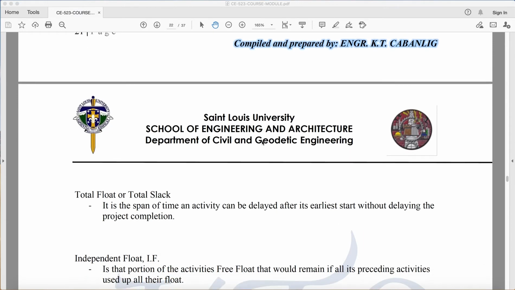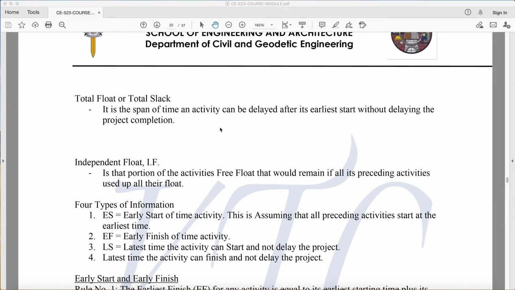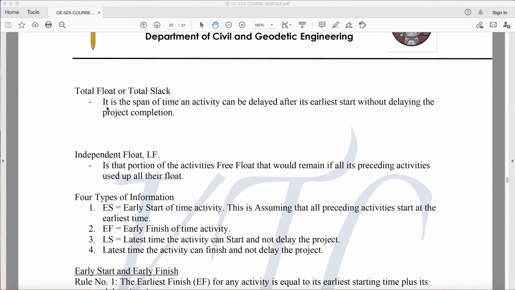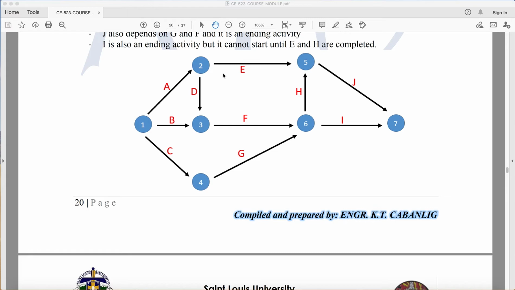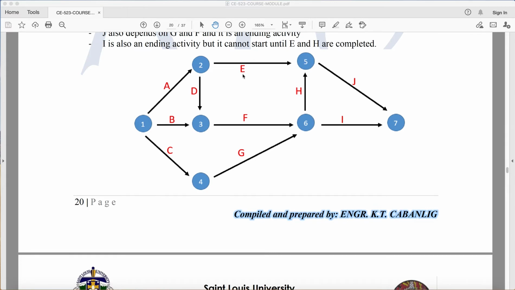Okay. Next would be the total float or total slack. So it is the span of time an activity can be delayed after its earliest start without delaying the project completion. So yung sabi natin kanina, this is just a slack for a parallel activity, but the total slack is the total adjusting time for the whole duration of the activity.